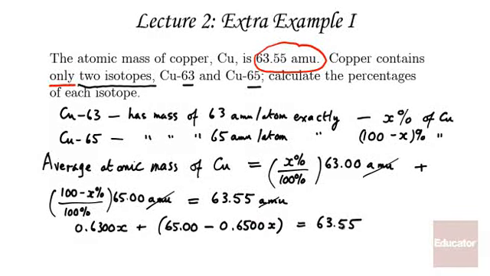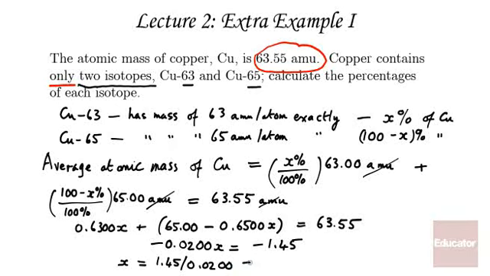If we simplify that, we get negative 0.0200x equals negative 1.45. And solving that for x equals 1.45 divided by 0.0200 equals 72.5.